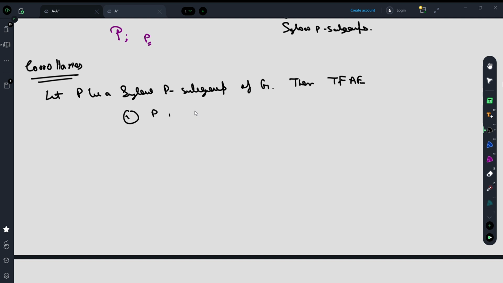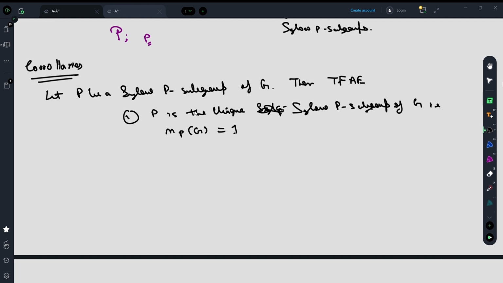Number 1, P is the unique Sylow p subgroup of G. Another way of saying this is that the number of Sylow p subgroups in G is 1, and that single Sylow p subgroup is P. Number 2, P is normal in G.